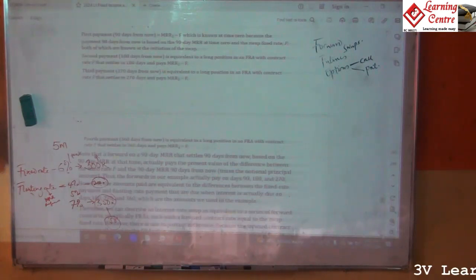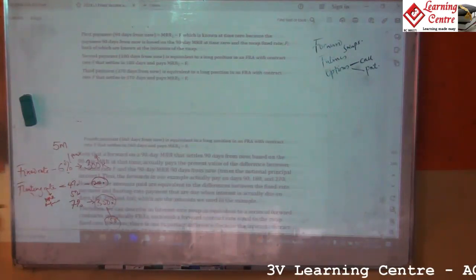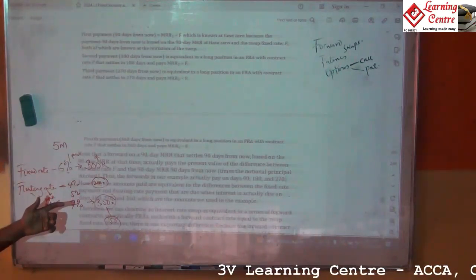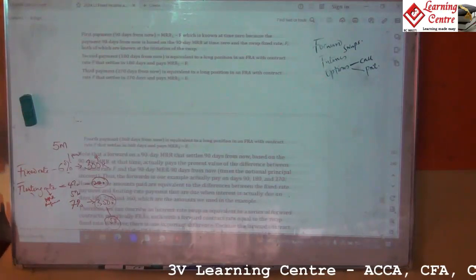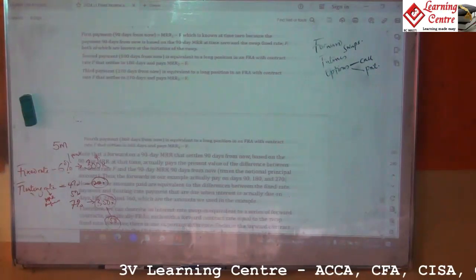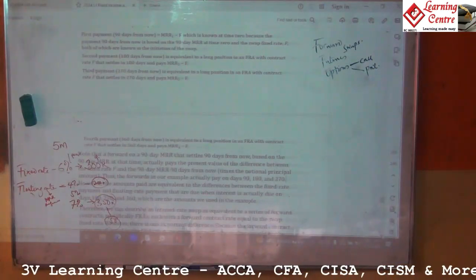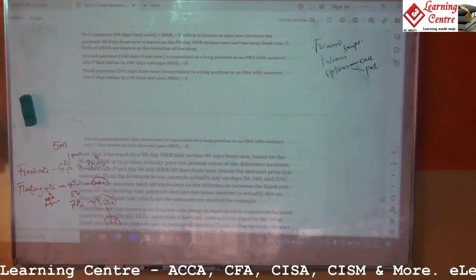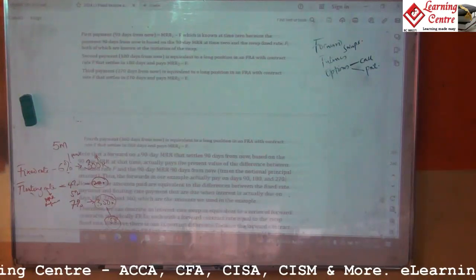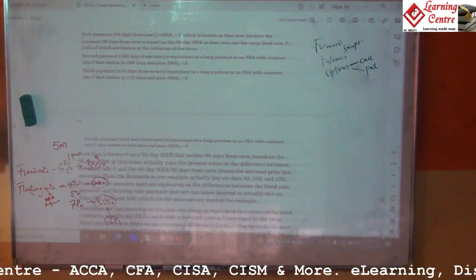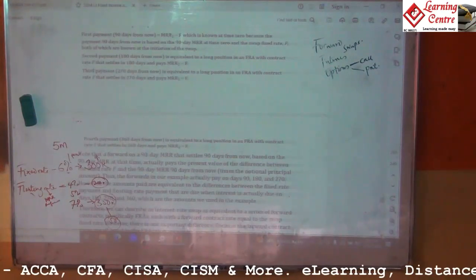If it's a 90-day contract, there will only be movement at the end of the contract period. So this is a bit similar to the forward contract, because during the lifetime, we are not doing anything. We'll just wait for what is the interest at this point, and then we use that to transact. That's basically what this is saying.